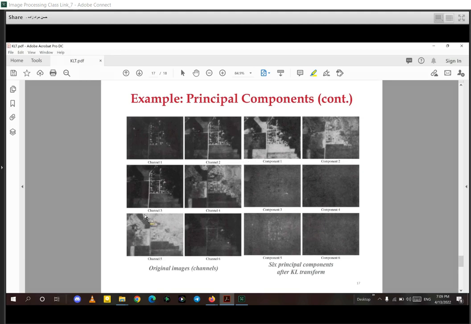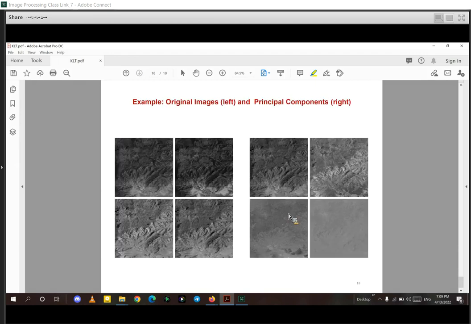For example, from the sky you have these 4 images in 4 channels, and these are the X space, image 1, 2, 3, 4, and these are the transformed images or components in the Y domain, component 1, 2, 3, 4.